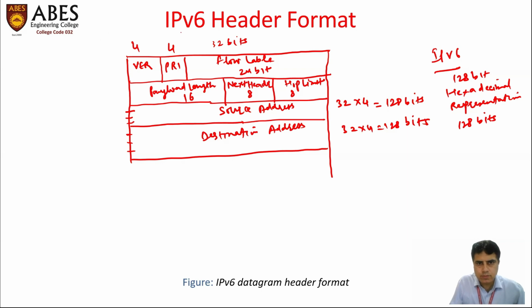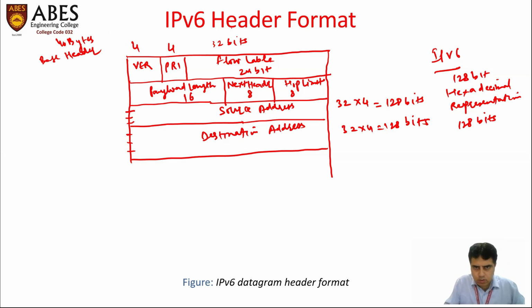Let us discuss the frame format of IPv6. It is a 40 bytes base header.